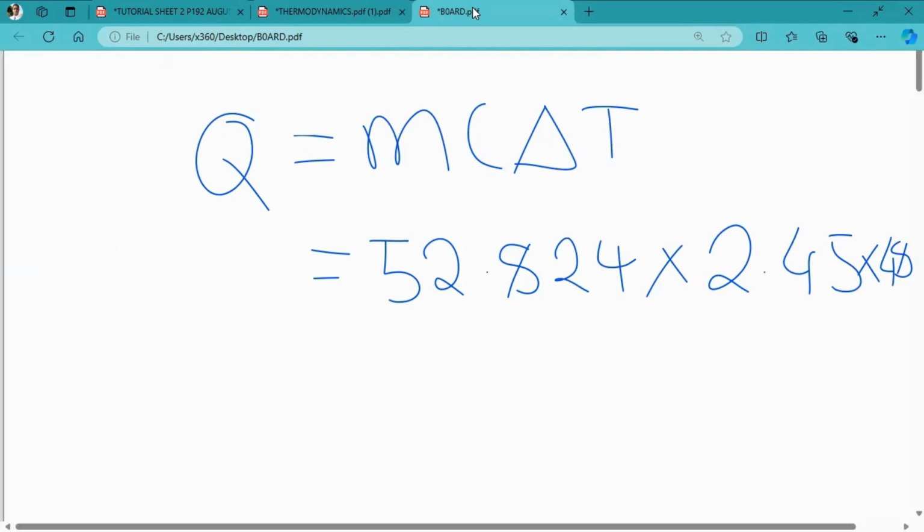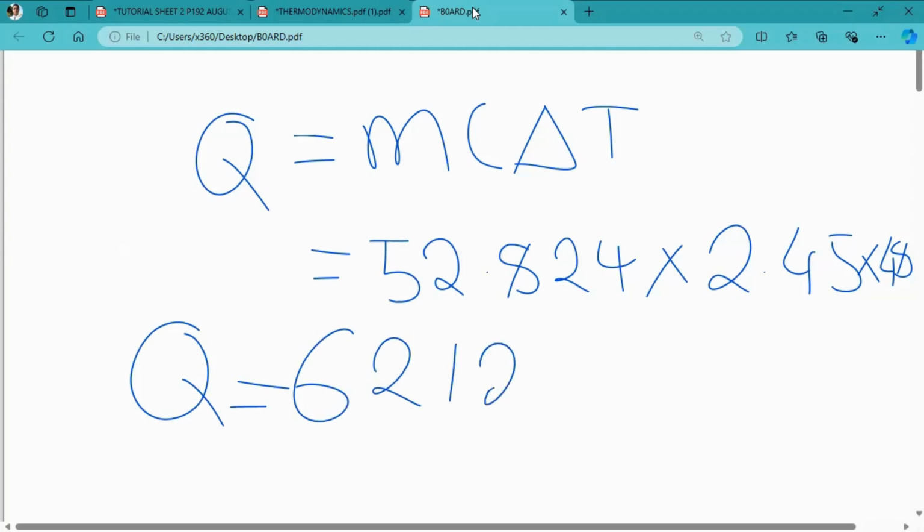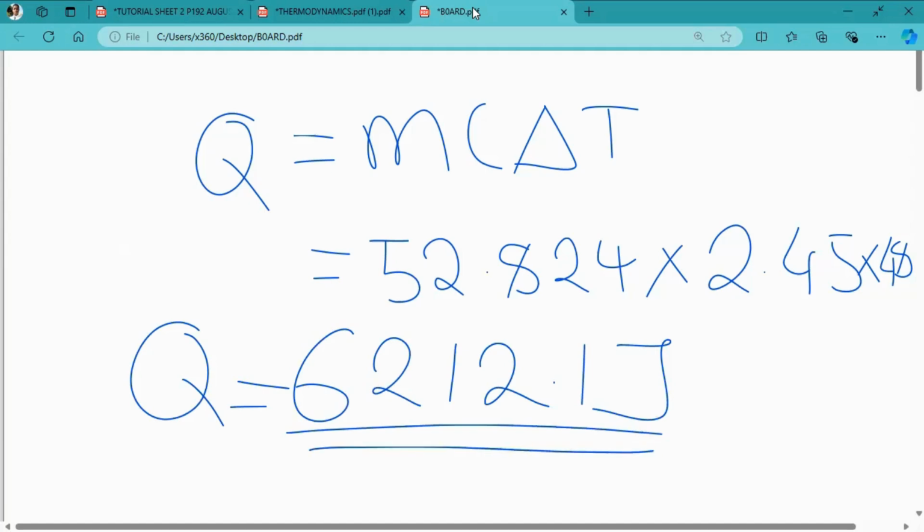So if we multiply these three values, we get our Q, the energy required, which is equal to 6,212.1 joules of thermal energy.